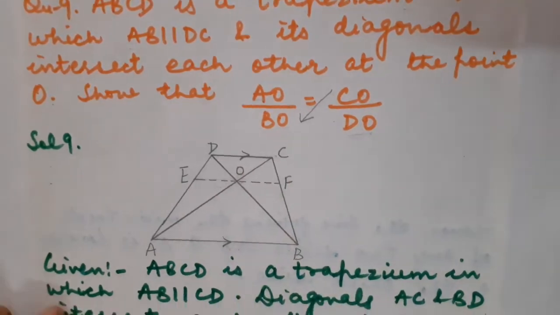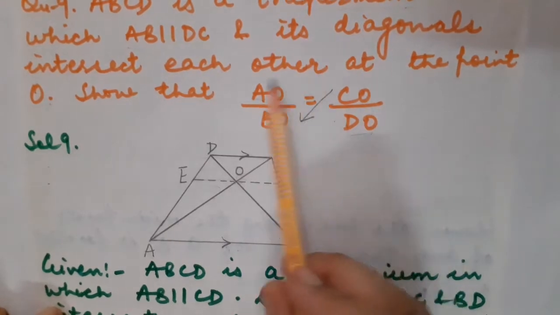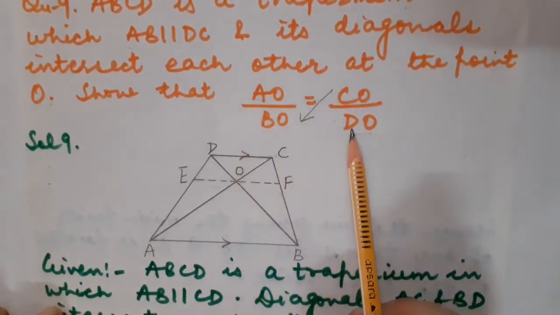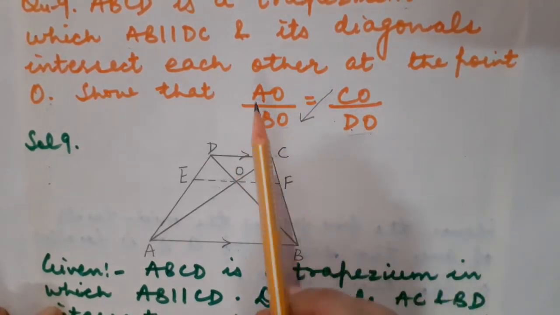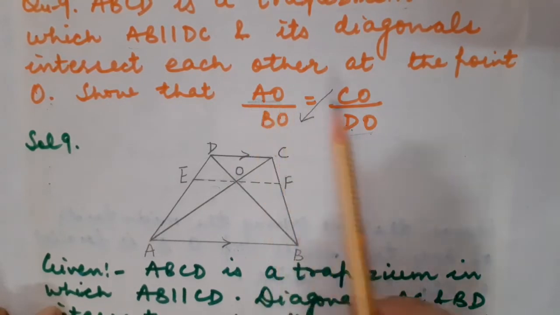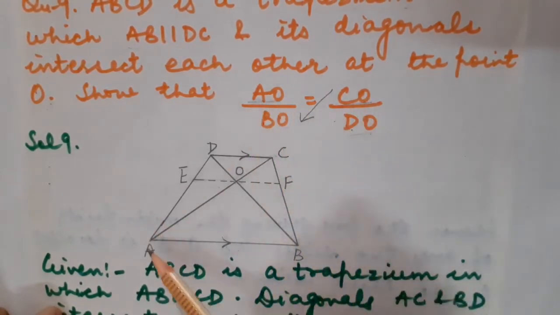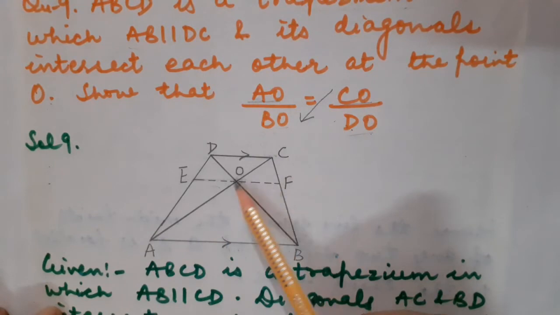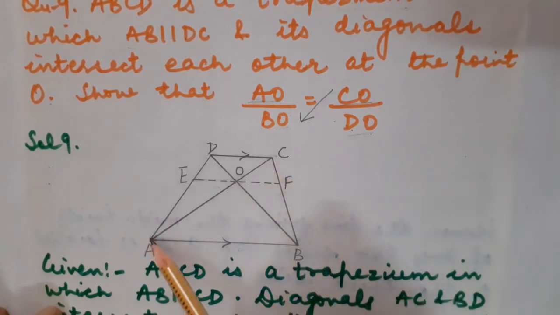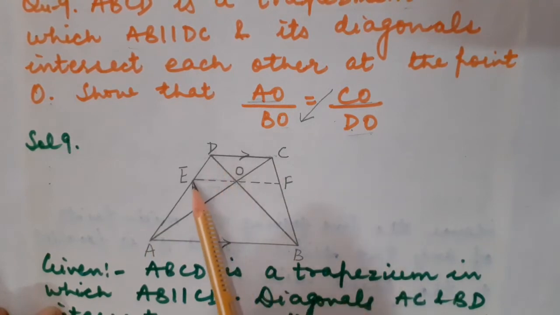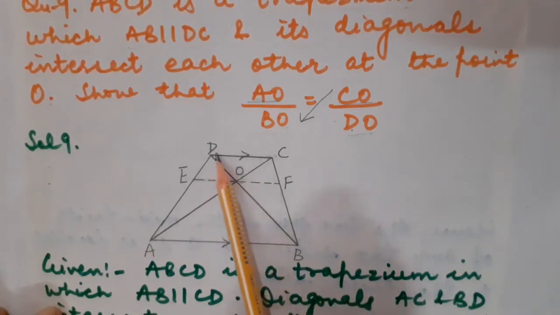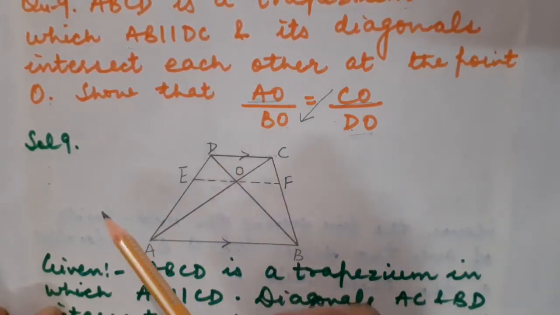Okay. So now children, this to prove will help me to choose the appropriate triangle. I saw here that I want AO as well as CO also. So AO and CO are present here. So in triangle ACD, as EO is parallel to CD, can I apply BPT?